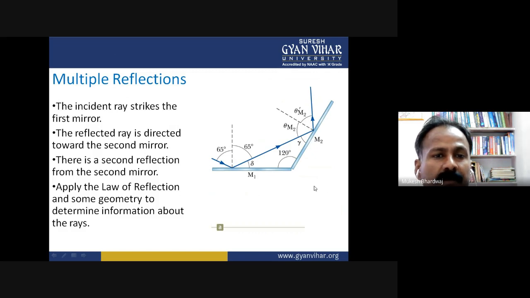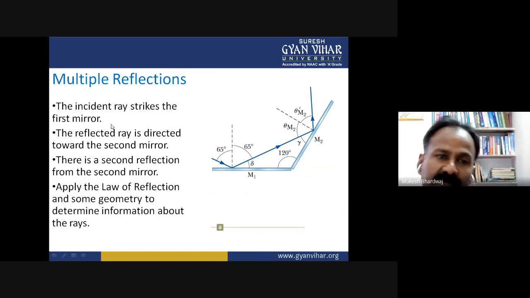Multiple reflections. The incident ray strikes the first mirror. The reflected ray is directed towards the second mirror. There is a second reflection from the second mirror. Apply the law of reflection and some geometry to determine information about the rays.